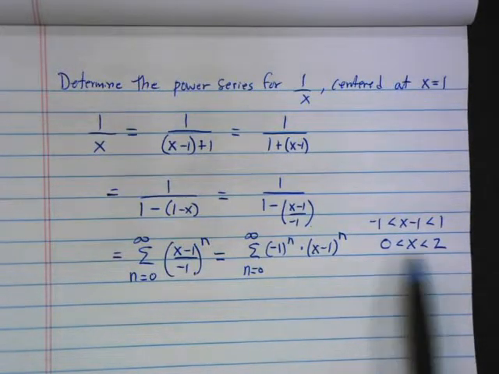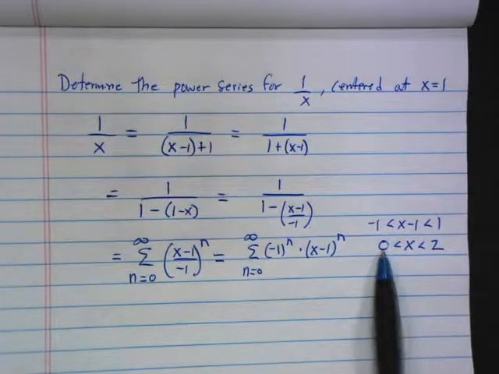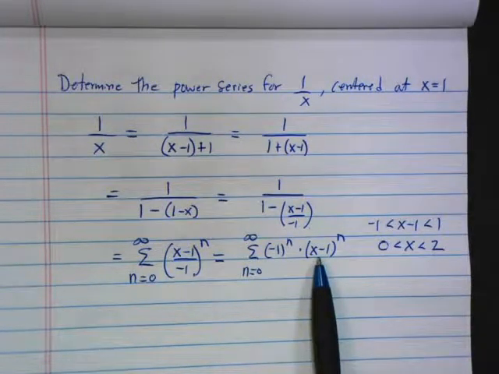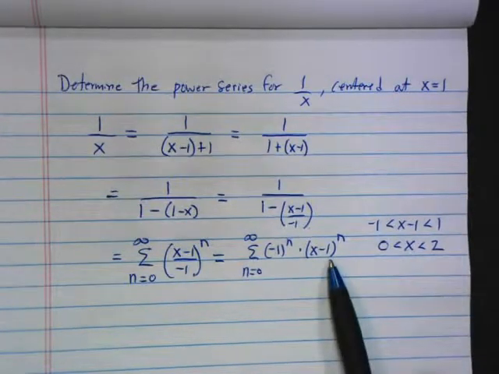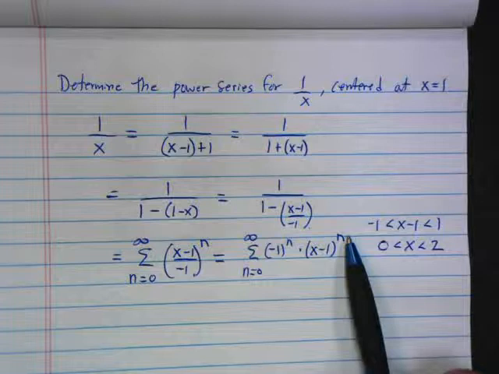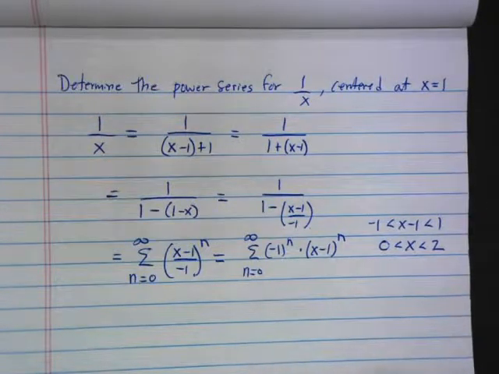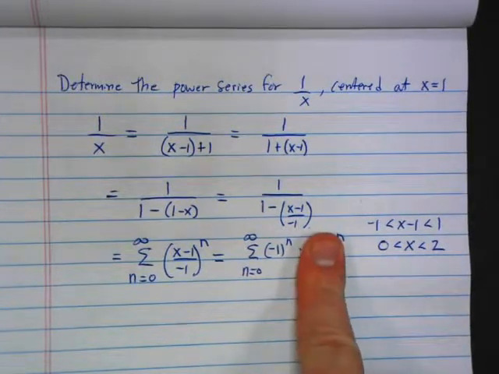Does it converge at the endpoints? If I plug 0 in, do I get a convergent series? Now let's start with 2. If I plug 2 in, what's 2 minus 1? What's 1 to the power? 1. So if I plug 2 in, I have that series. Is that a convergent series?